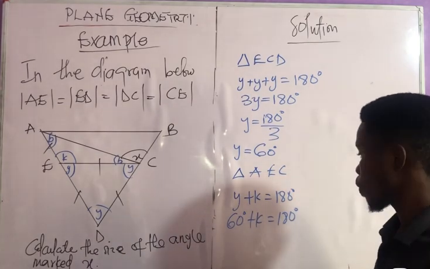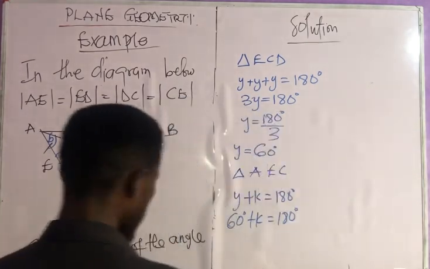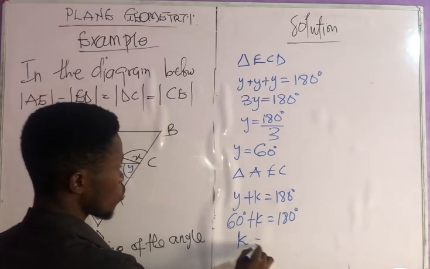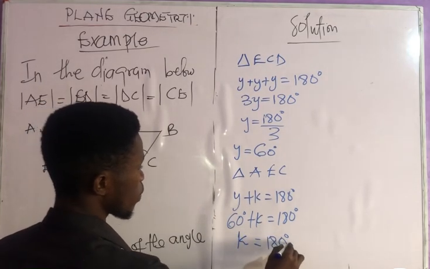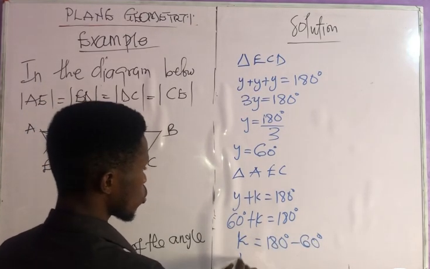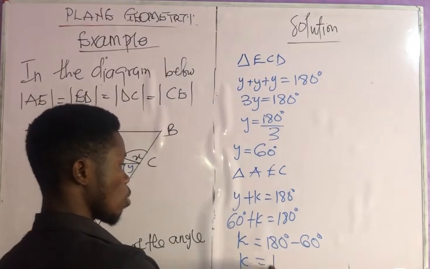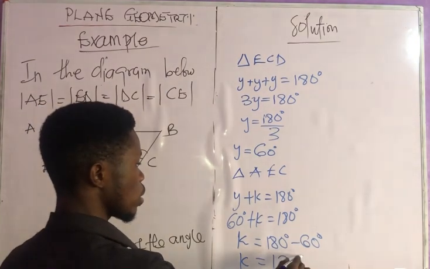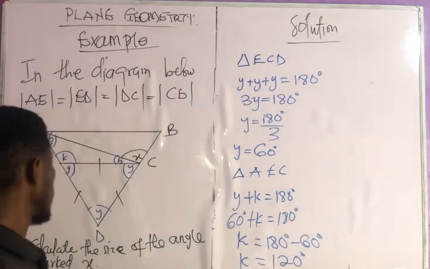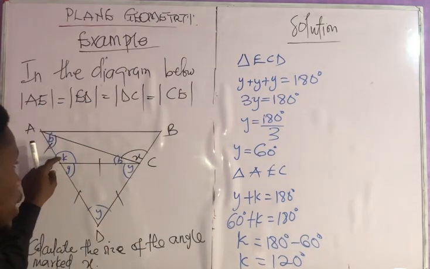Is that okay? So taking additive inverse, I have my K to be 180 degrees minus 60 degrees. So what will be our K here? Our K becomes 120 degrees. So we have our K.